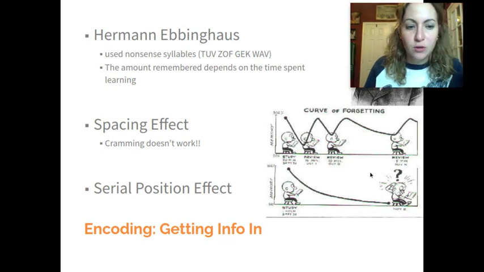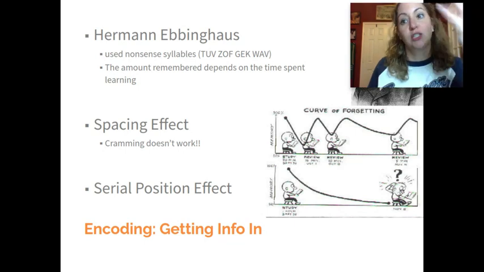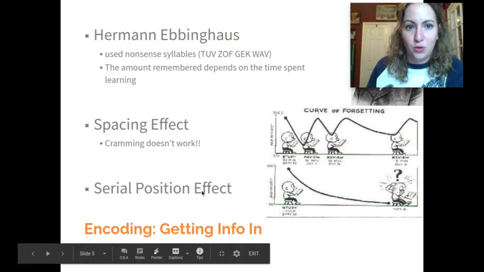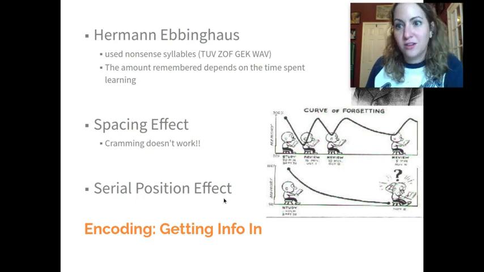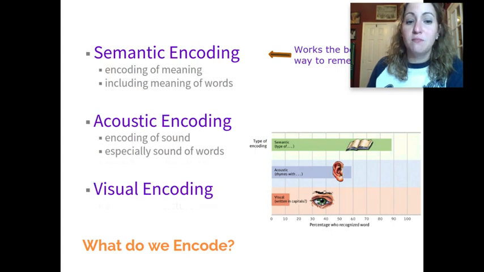But if you just remember serial, a serial's a list, like a serial killer has a list of people that they've killed. Position, the position in a list has an effect on memory, because that's what this unit is. So think about the meaning behind those words. Serial position, the position of a word in a list is going to affect your memory. So that's going to be very helpful if you focus on the meaning of the words.